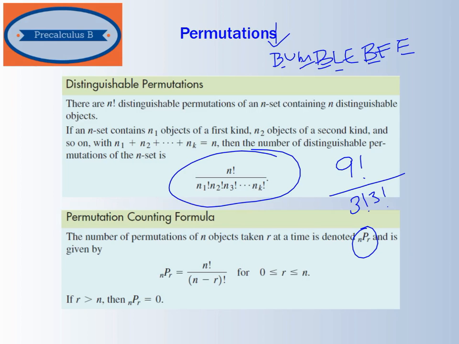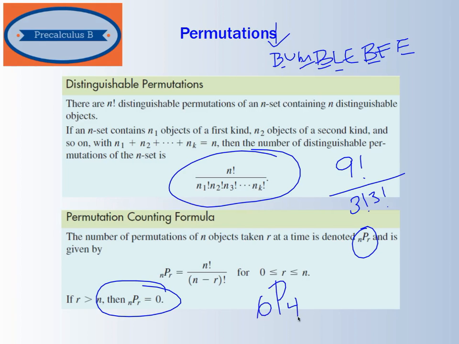All right, if r is greater than n, then it's going to just be 0 because you can't choose more objects than exist in this. So an easy way to think about what this permutation counting formula is doing: say we did 6 permutations of 4.